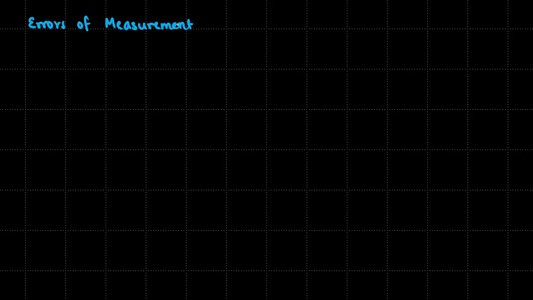Before learning how to minimize error, we actually have to understand what error is. To understand the error, we will have to understand its types and how to find them.